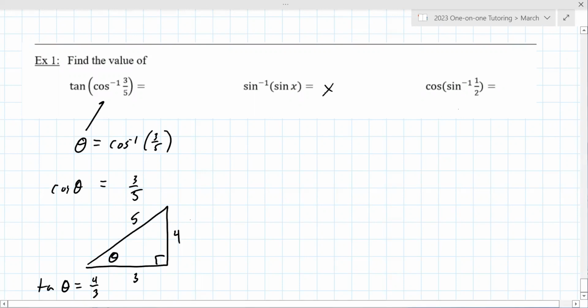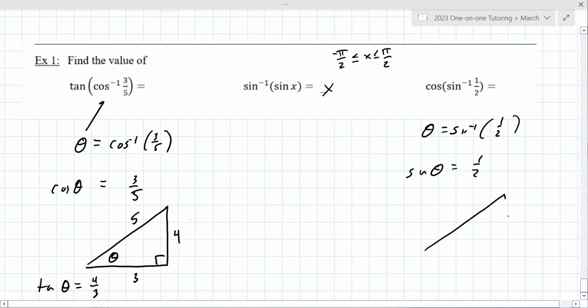Yes. Okay. So this one is let theta equal sine inverse of 1/2. This isn't completely true. There's domain restrictions. It's from minus pi over 2 to pi over 2, but that's a side note. So the sine of theta equals 1/2.